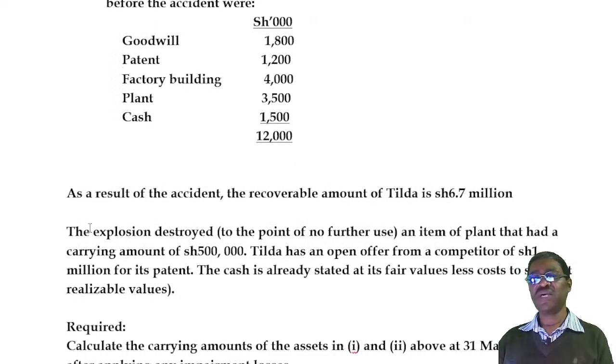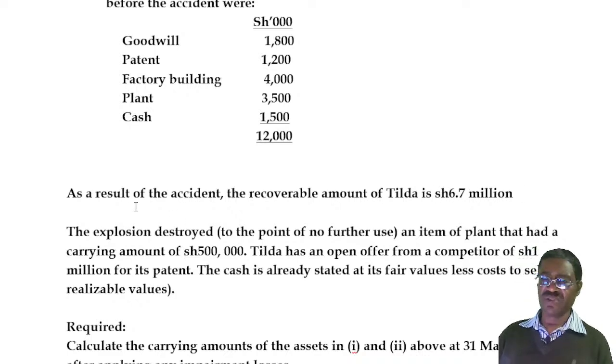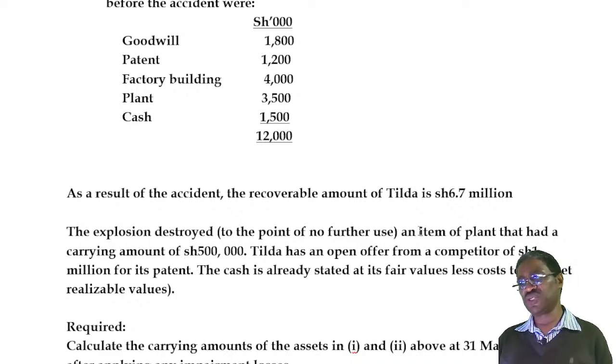And they are saying, as a result of the accident, the recoverable amount of Tilda is 6.7 million. The explosion destroyed, to the point of no further use, an item of plant that had a carrying amount of 500,000.